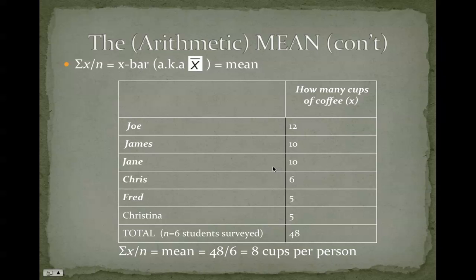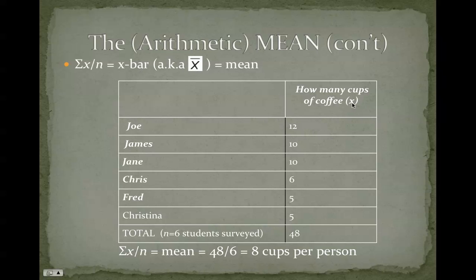And last but not least, we have one last symbol for the arithmetic mean, or the mean, and that is something called x bar. X bar is simply the mean or the average described with a letter, essentially. So if I want to know the average number of x, I'm just going to simply ask x bar.